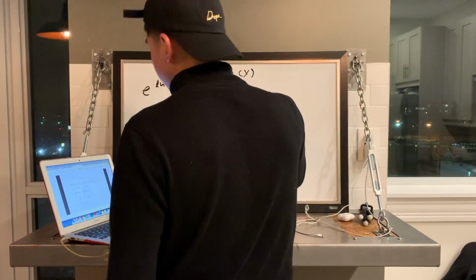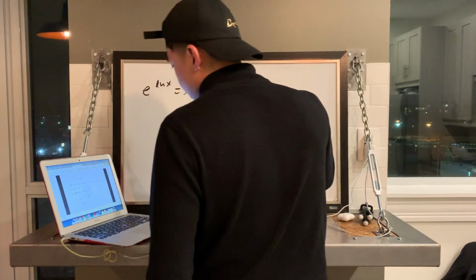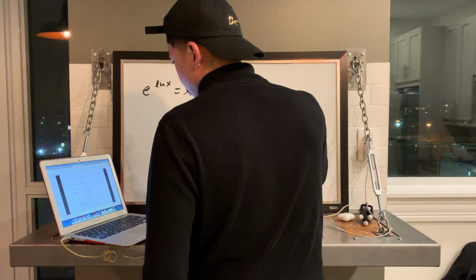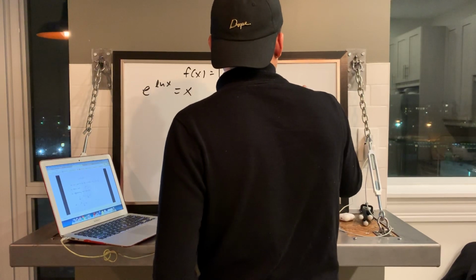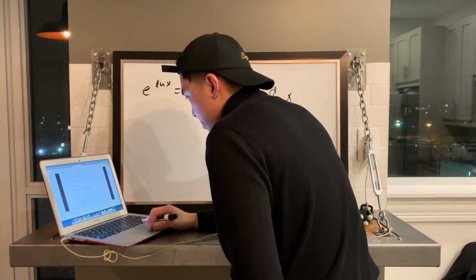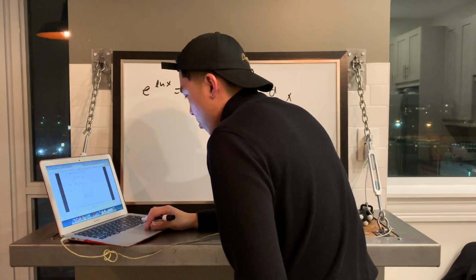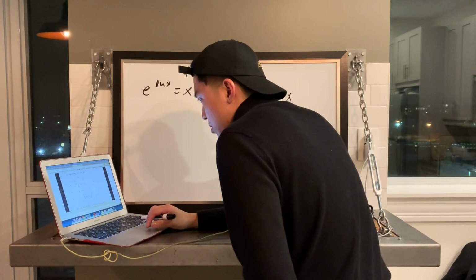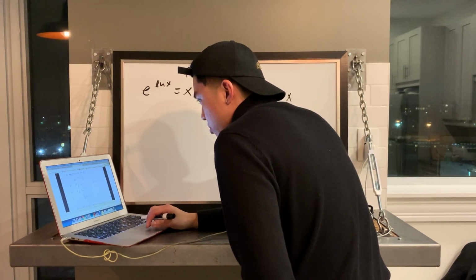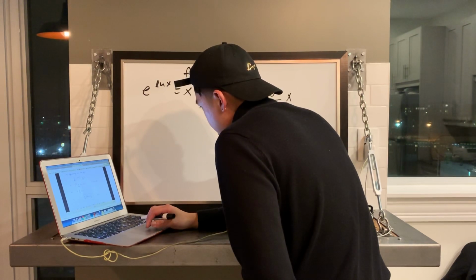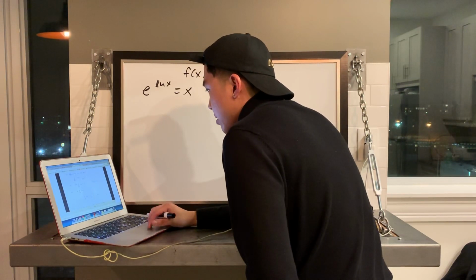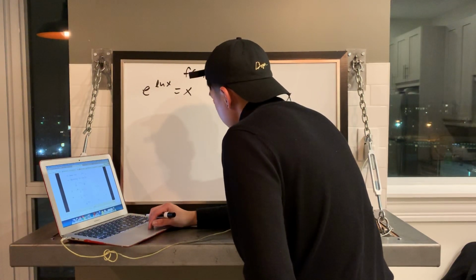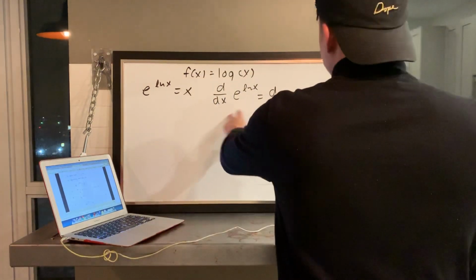Now, if I differentiate that, d/dx of e to the log x equals the derivative of x, which is 1. They're setting them equal to each other. Very cool. So we're differentiating both sides.